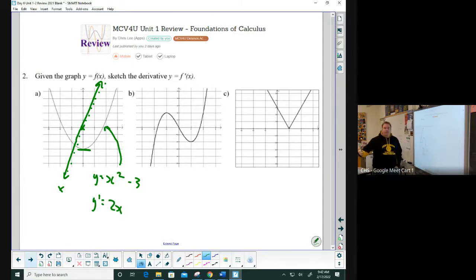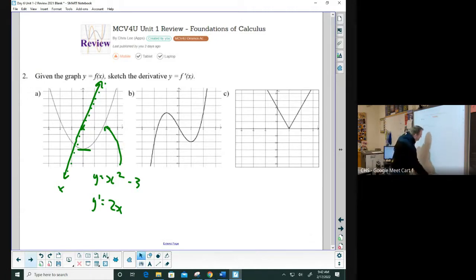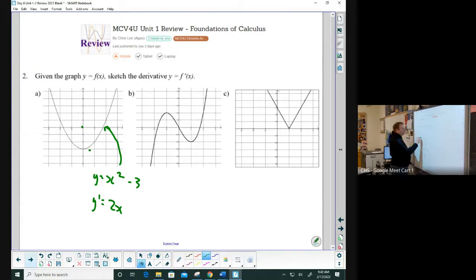I know that from all the experience I have now. So I might just look at my graph and say, is that a 2x? And to me, this looks a little bit too steep. So I'm just going to adjust my graph slightly to make it look more like 2x. So 2x would have it go here, here, here, here. So I think that's a more accurate graph.